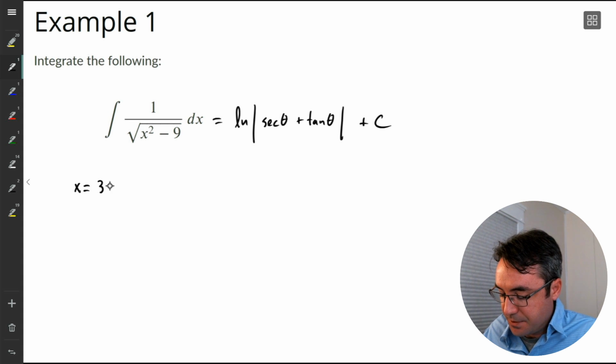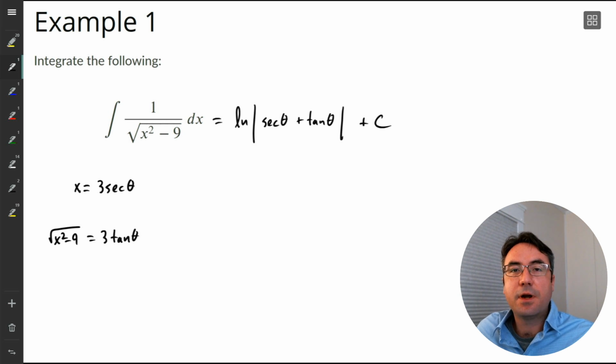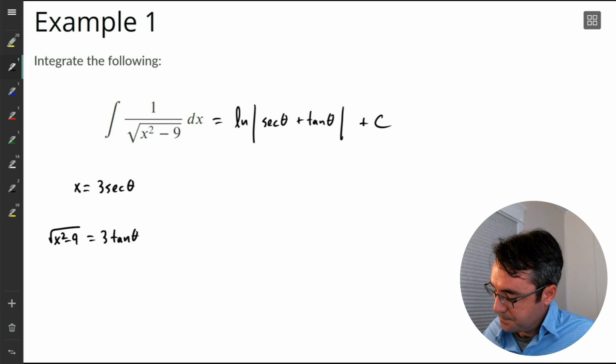We said x was equal to 3 times secant theta. And we also had that the square root term was equal to 3 times tangent theta. All right, so let's draw in our right triangle. And we're going to figure out all of the sides for that right triangle.